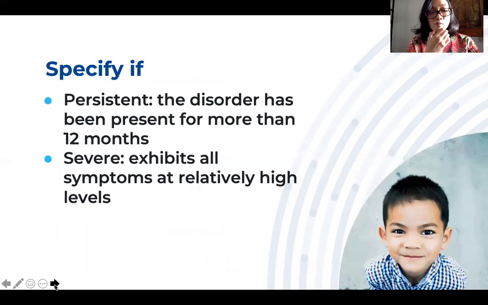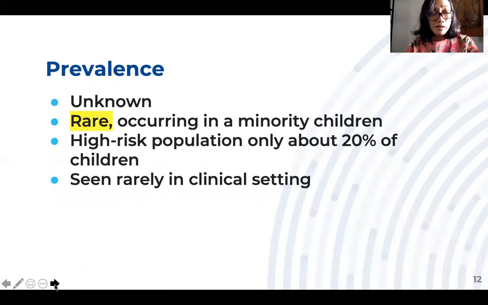So the specifier for DSED is: specify if it's persistent, meaning that the disorder has been present for more than 12 months, and specify if it's severe, if the child exhibits all of the symptoms at relatively high levels. The prevalence of DSED, almost similar to RAD, is unknown, and it's rare as well.